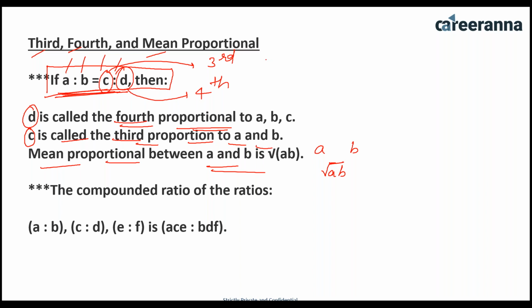So there are certain numbers. Let's take 16, 20, 25. Okay, 16, 20. What will be third proportional?